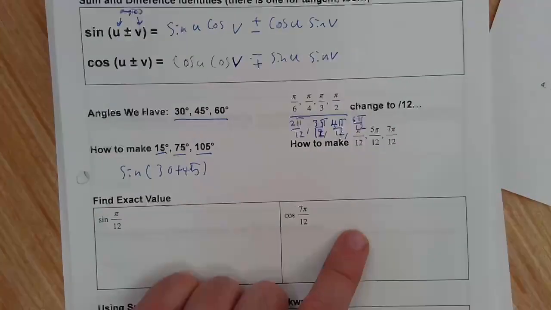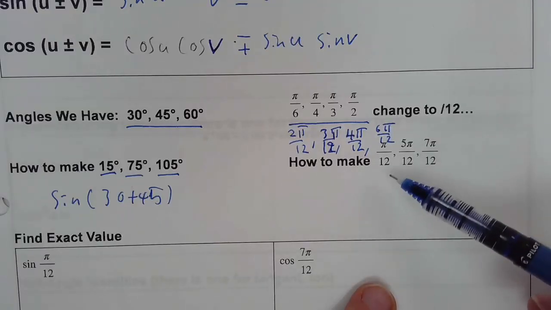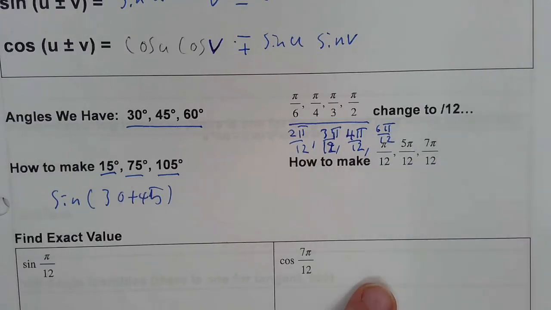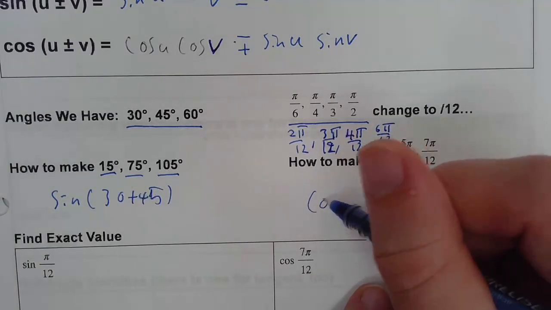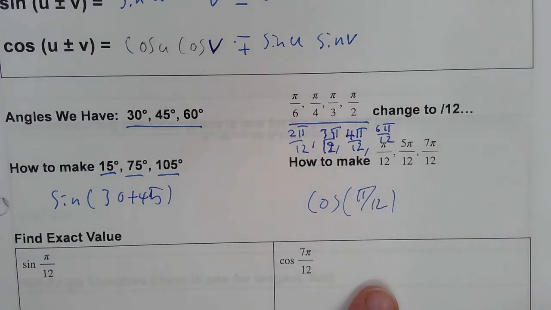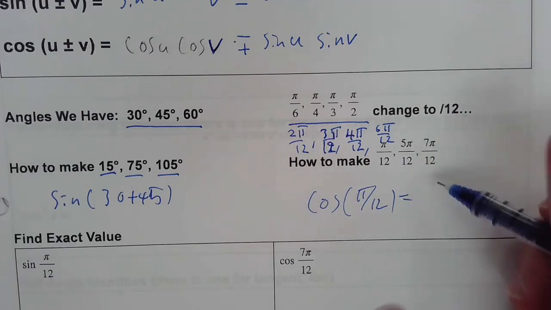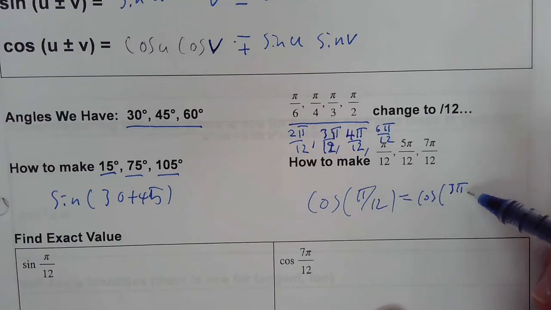Okay? So if I wanted to combine these to make pi over 12, let's say I want to find cosine pi over 12. How could I combine these values to make that? Yeah, so cosine 3 pi over 12 minus 2 pi over 12.